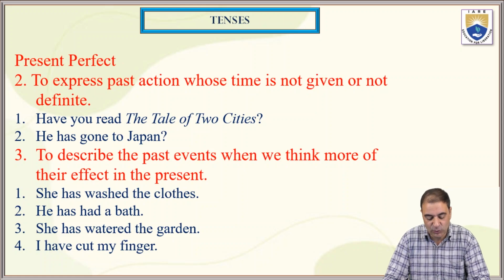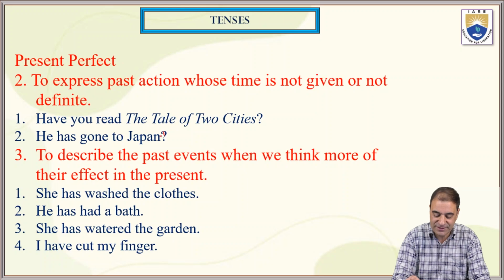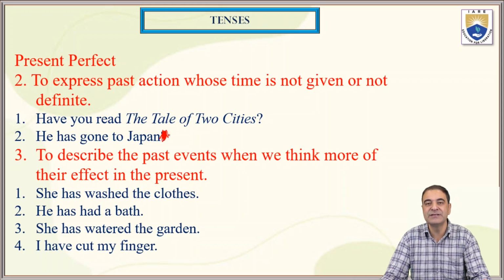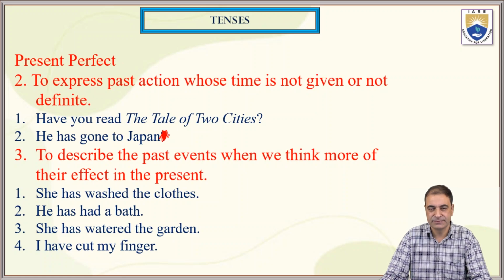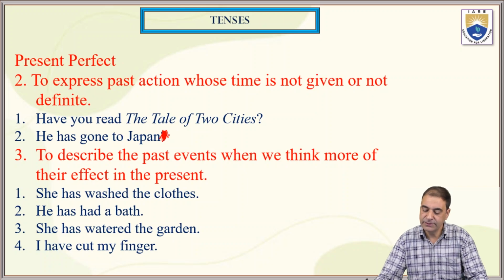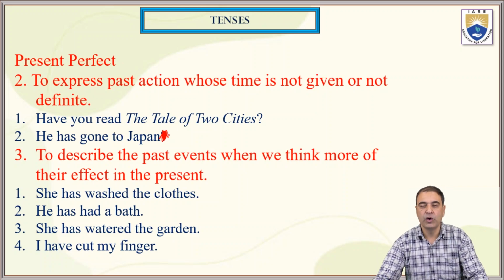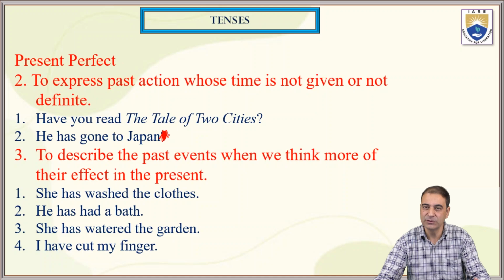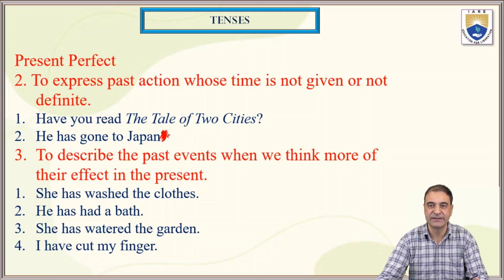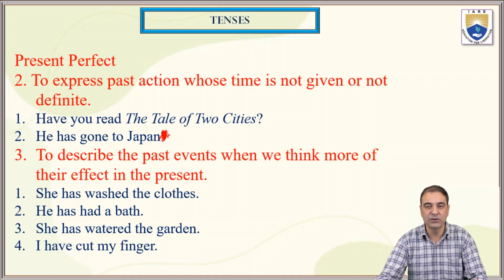For example, second one, he has gone to Japan. If you look at this sentence, he has gone to Japan. Again, I'm talking about the distant past. Remember, in the first usage, I told you that we use this present perfect tense to talk about near past.